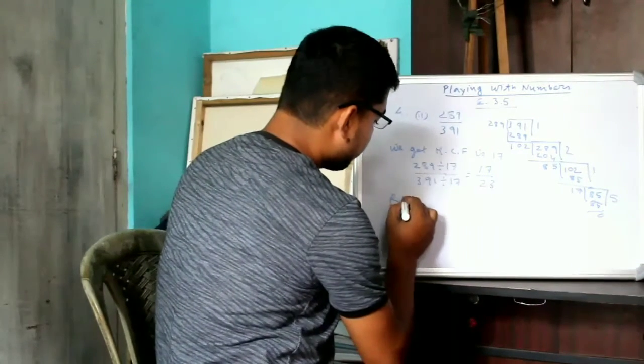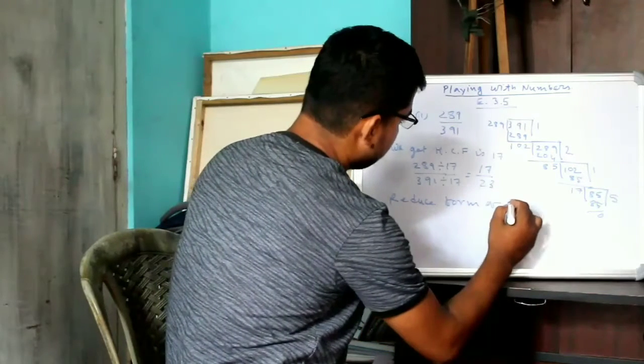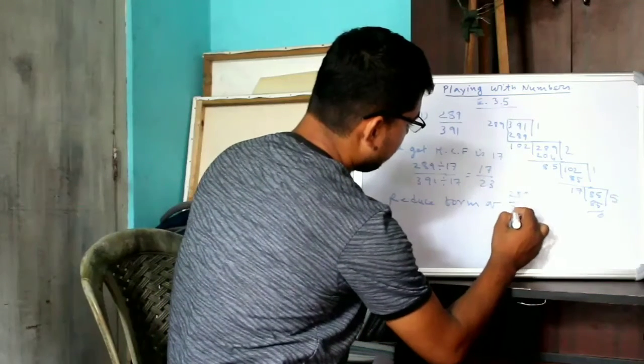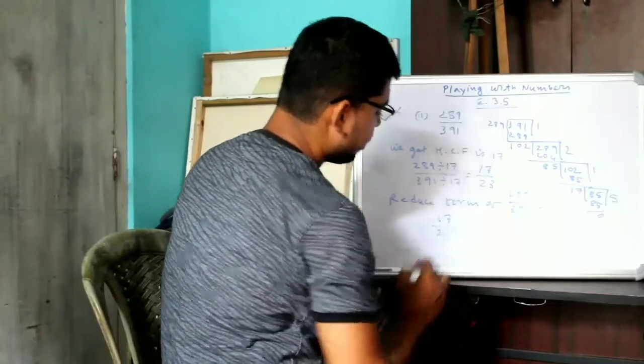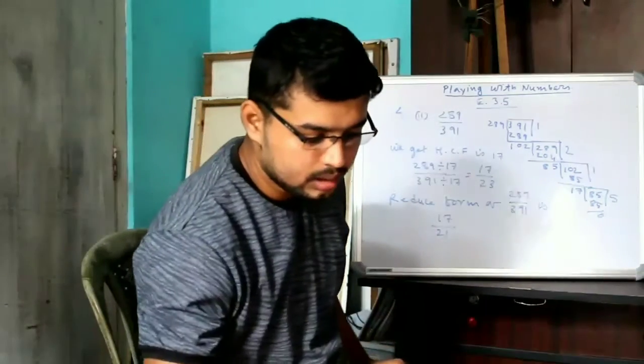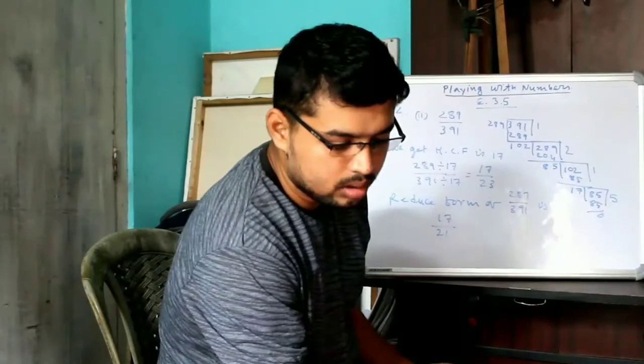So the reduced form of 289 by 391 is 17 by 23. So this is the answer. This is called lowest terms.